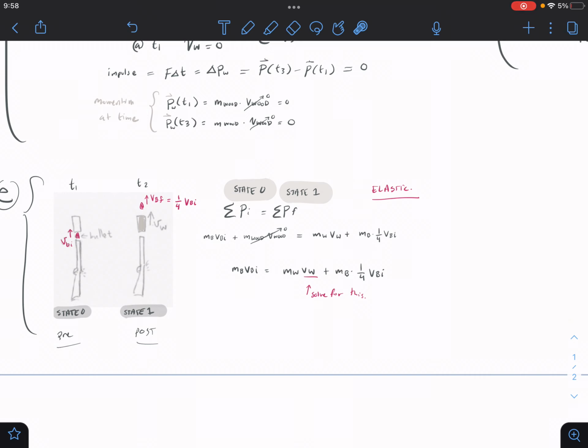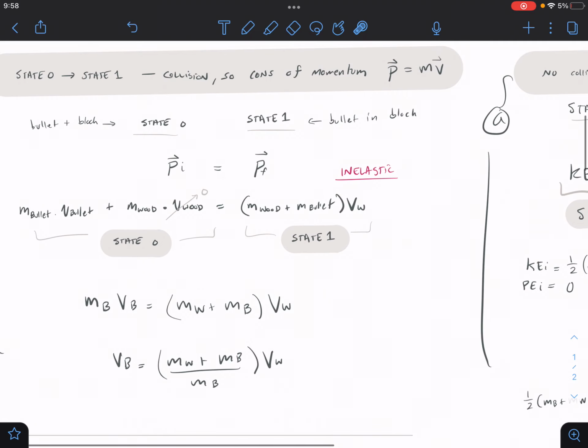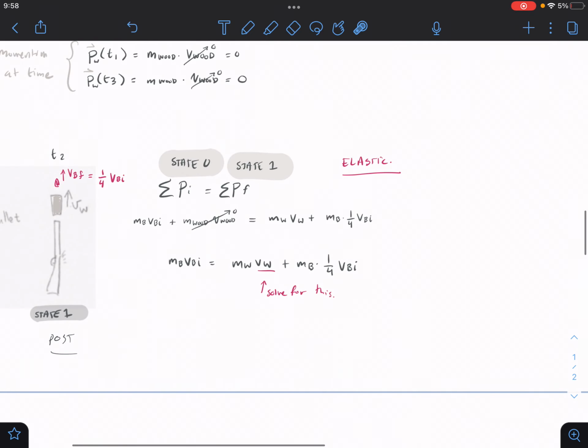And then at the end, because they're two separate objects, in this case I have an elastic collision where they are going to separate. Inelastic is where they're stuck together. So up here, remember, we had inelastic and they were stuck together with one shared velocity. Down here, we have elastic where they're separate and they each have separate velocities.